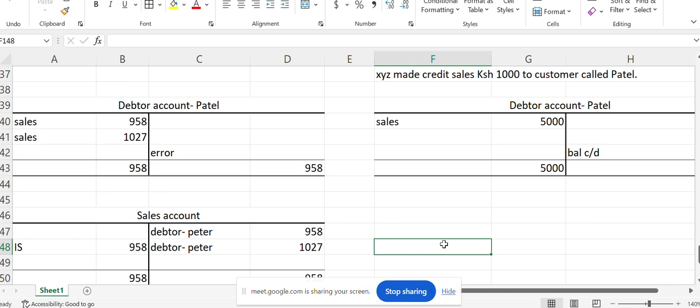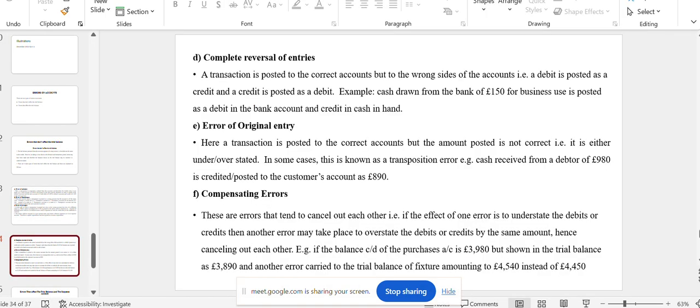So we call these compensating errors. Are you together? So the trial balance would balance. So you compensate that error on another different transaction. So up to that point, are we together? Tuko sawa? Yes.